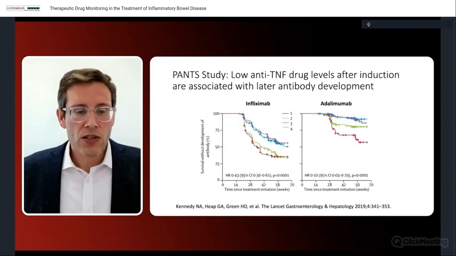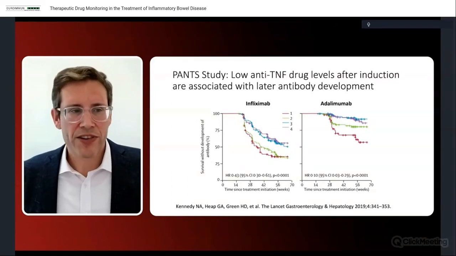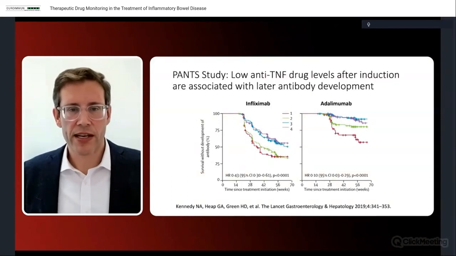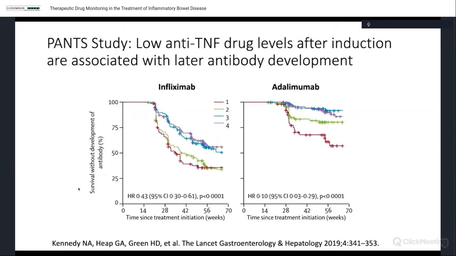The PANTS study also nicely demonstrated that low anti-TNF drug levels after induction are associated with later antibody development. So these Kaplan-Meier curves show survival without development of antibody on the y-axis and time since treatment on the x-axis. The red and green are the lowest quartiles of drug levels.